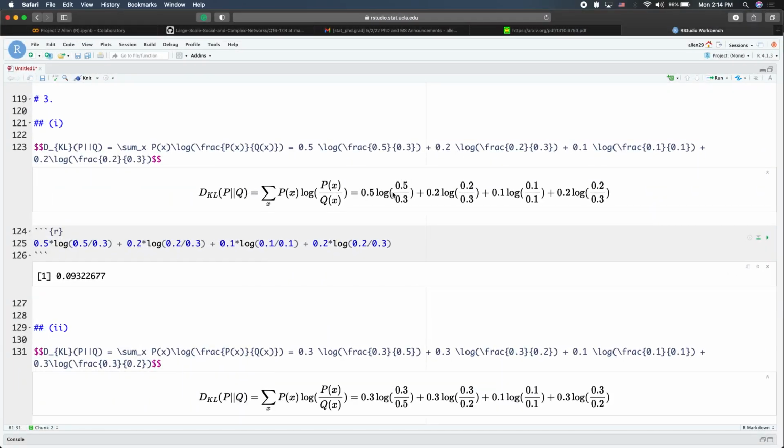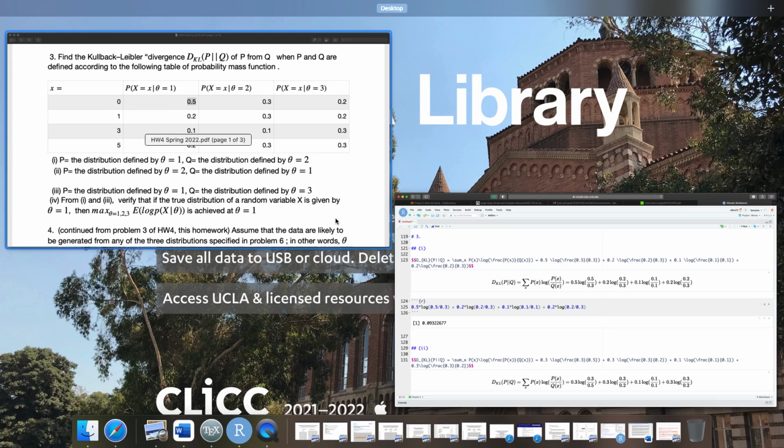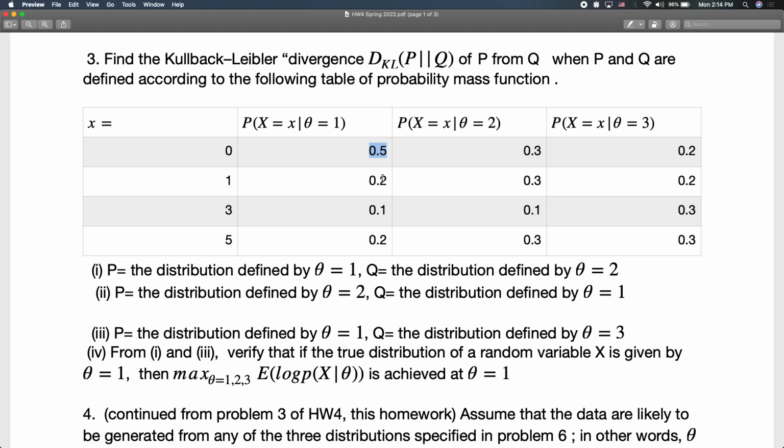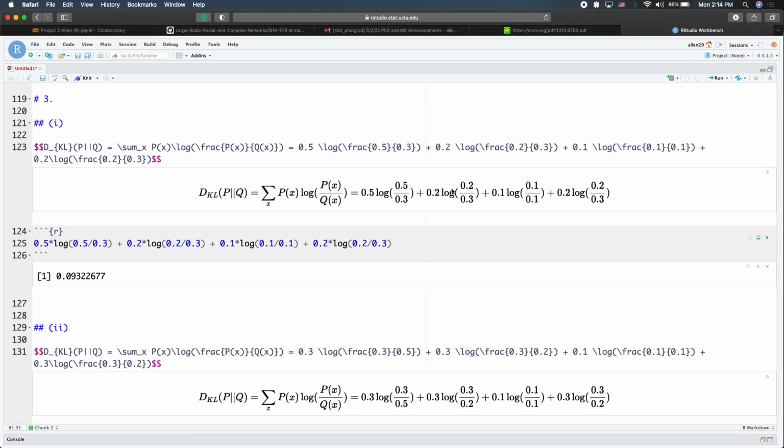So this is the denominator here. And then we just sum over all possible x. For x equal to 1, we have 0.2 and 0.3. So basically just plug in the numbers, look up the probabilities, and then calculate this summation. That will give you the KL divergence between the first probability distribution and the second one.